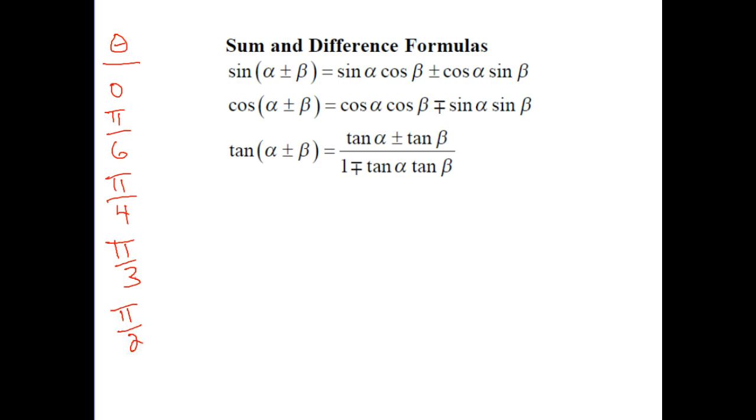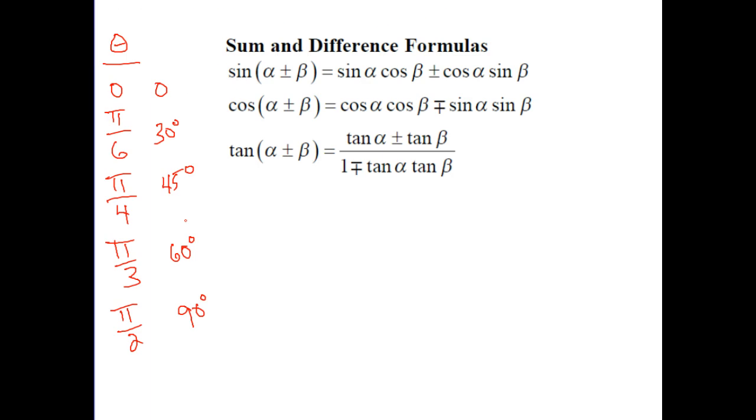If we want to look at these in degrees as well, this would be 0, this would be 30 degrees, this is 45 degrees, this is 60 degrees, and this is 90 degrees. These are all of our reference angles, and we know what sine, cosine, tangent are exactly at all of these angles. So we're going to use those and these formulas to determine the exact value of sine, cosine, and tangent at some other angles that aren't within these 5.